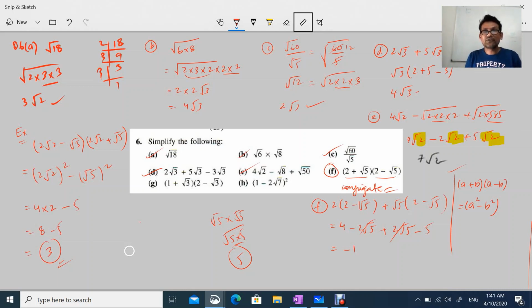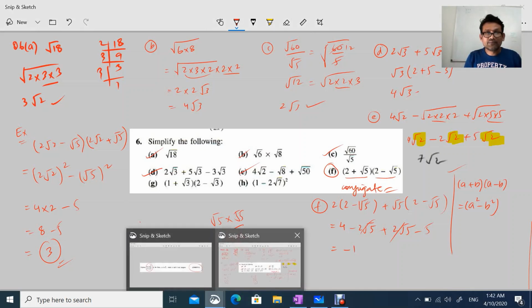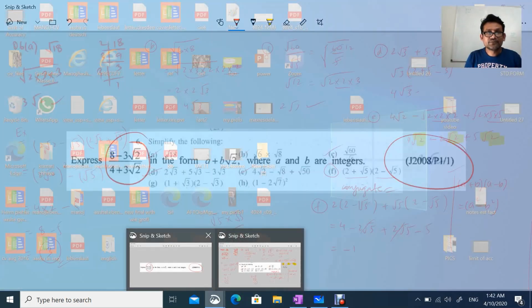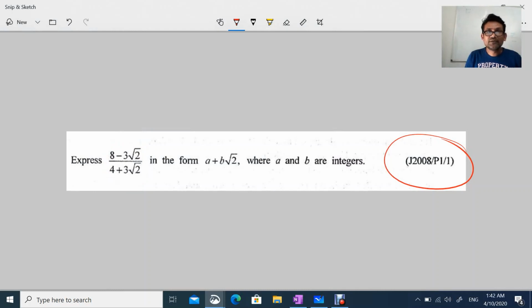We have a number of questions in the examination like you can see in this example here. It is given in this form, and there is a radical value in the denominator. I have to remove this denominator radical. So when I want to remove it, I have to multiply the denominator with its conjugate.